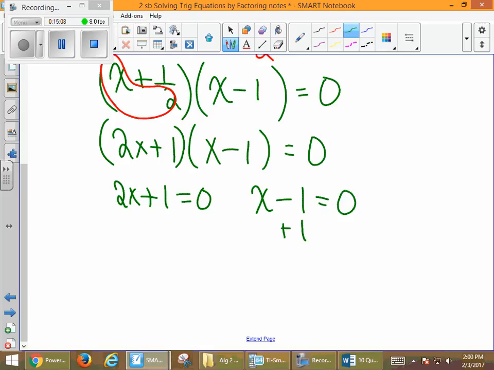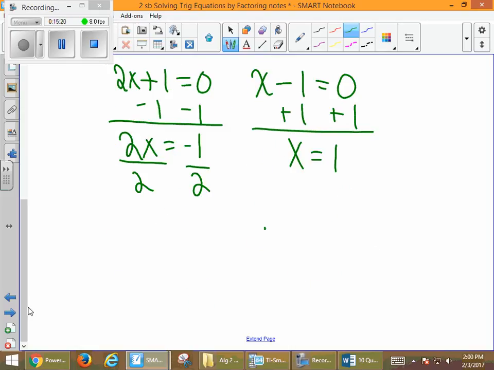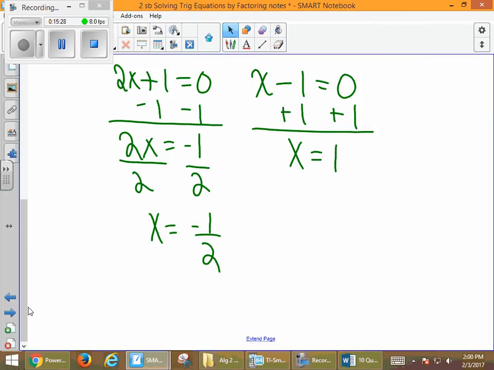And again, if you don't need to show those steps, it's fine. And over here, we get the 2x equals negative 1, and then we divide both sides by 2. And then we end up with x equals negative 1 half. Slide divide will work for us. Split the middle will work for us.